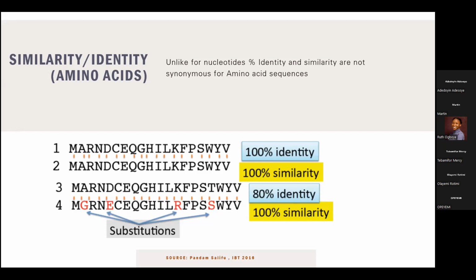For amino acids, identity is when every single thing matches. Like you are not making any substitutions for any amino acids across the two sequences. While for similarity, there might be substitutions.